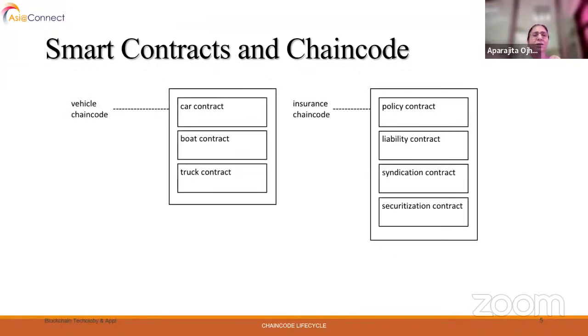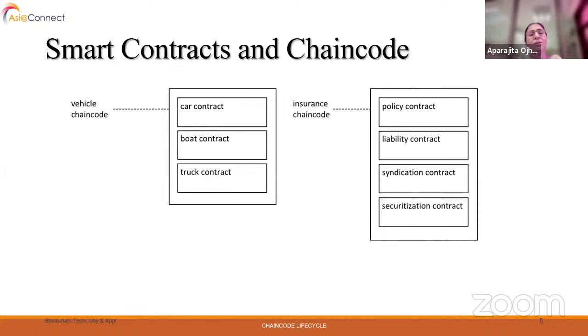Let us consider how smart contracts are bundled in a chain code. For example, in a vehicle chain code, a vehicle could be a car, a boat, a scooter, or a truck. If it is related to a car, then what will be the logic for business using the car object or boat object or truck object?